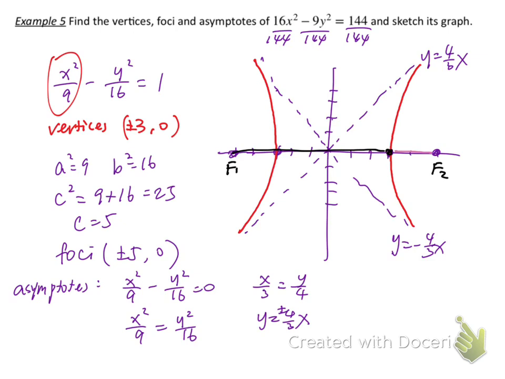What's the difference? They cancel each other. You just get the distance between the two vertices. Again, that's 2a. So the sum distance for the ellipse and the difference distance for the hyperbola are both 2a, which is the distance between the two vertices.